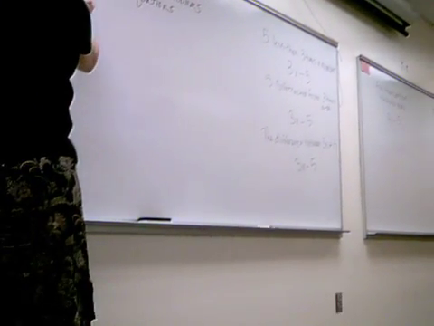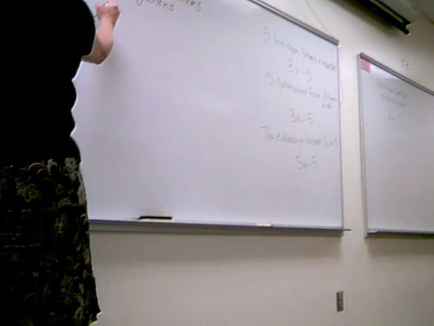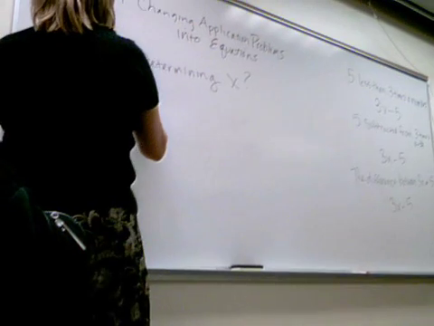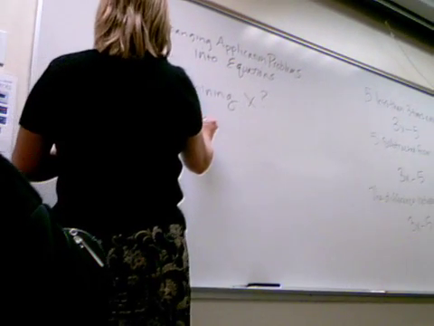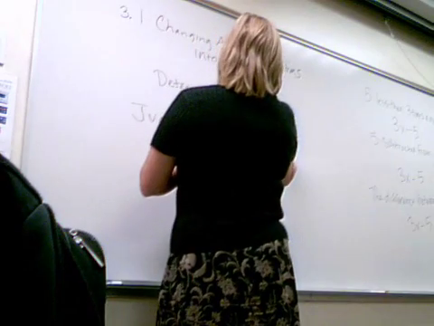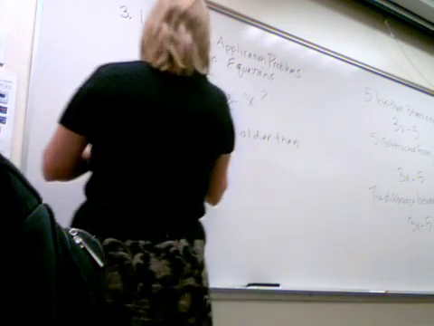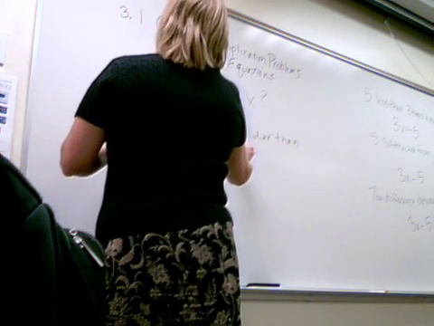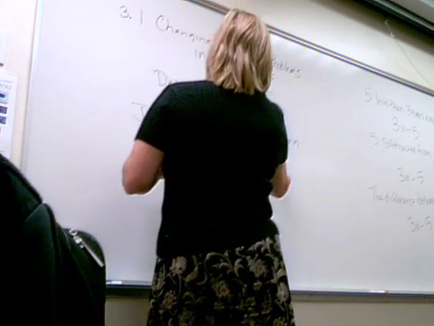How do we determine who gets to be x? Determining the x. If Juan is 3 years older, then 4 times Frida's age.